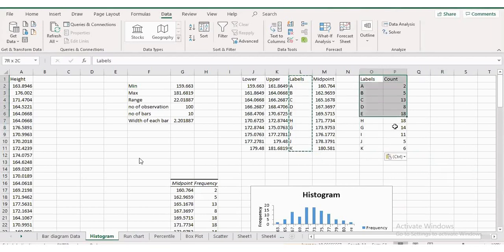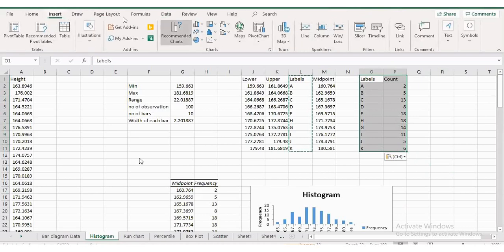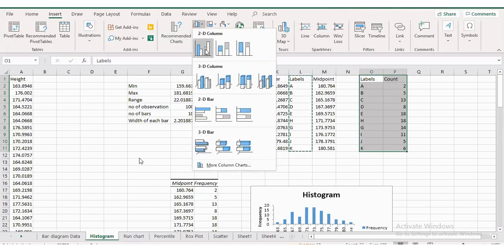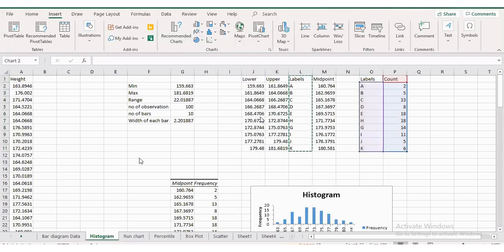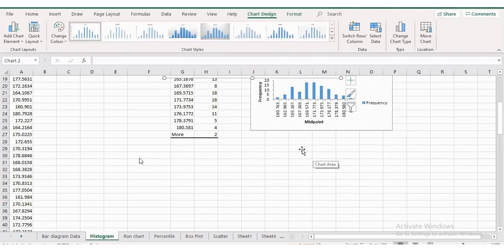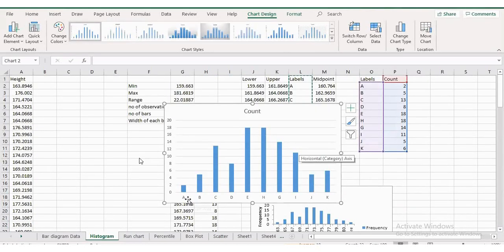It's not good, so I can take this like this. Insert bar diagram. So A stands for this interval, B stands for this interval.